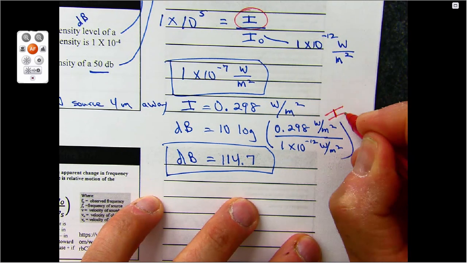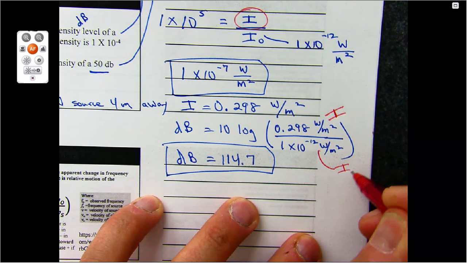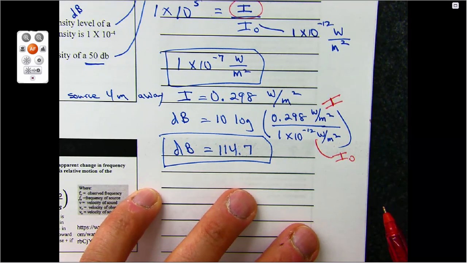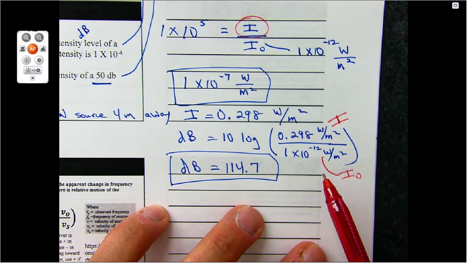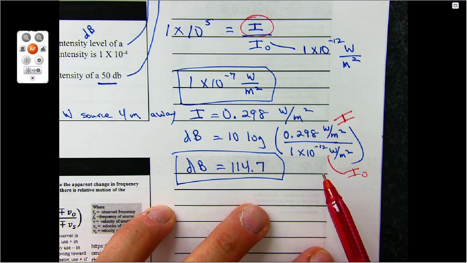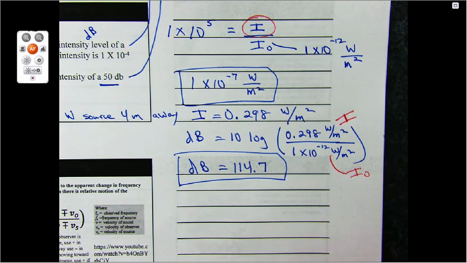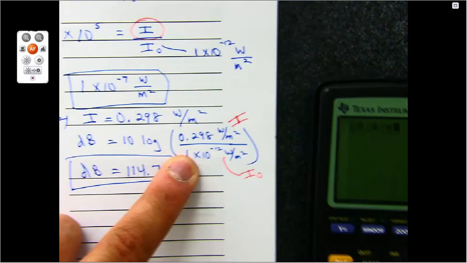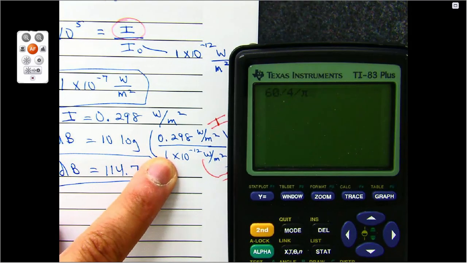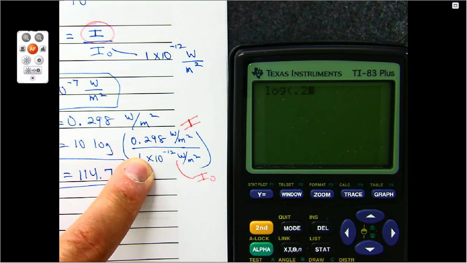It's I over, this is I sub O, the threshold of hearing. This one right here? I'm going to do this first. I'm going to do log, and it already has a left parenthesis, so I'm going to go 0.298.